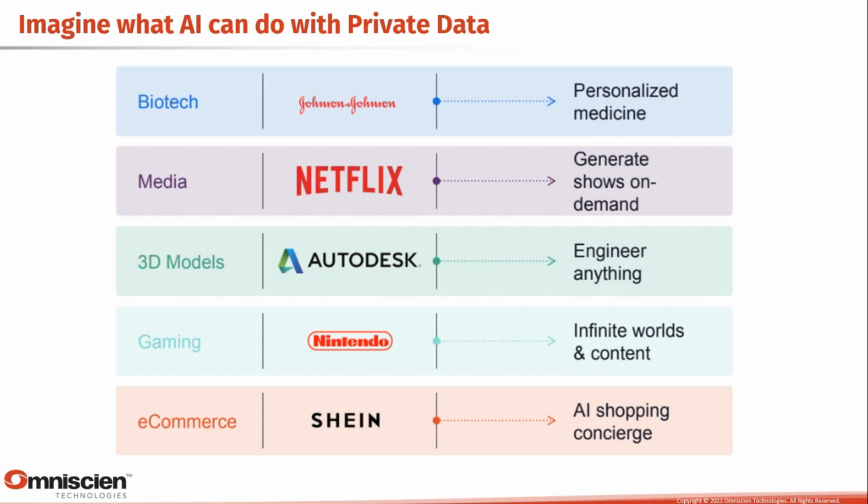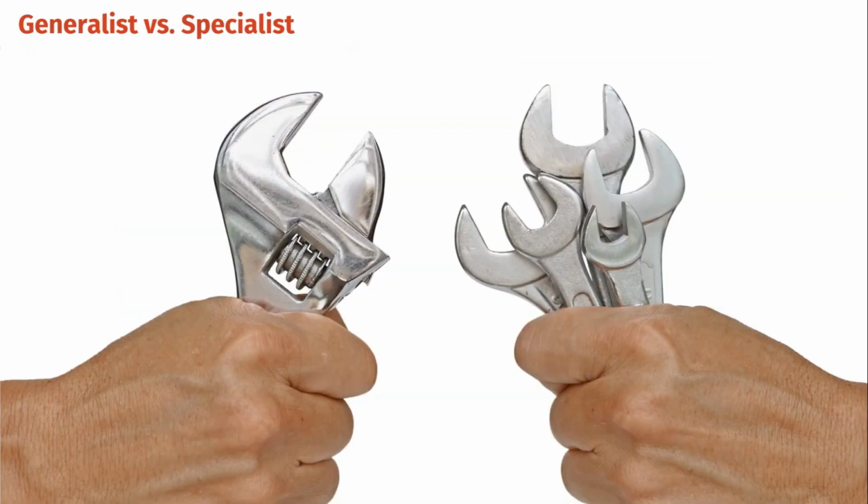We've already seen some amazing things from Adobe with their generative AI in Adobe Illustrator. Infinite worlds and content in Nintendo gaming. E-commerce, right? Your own personal concierge. So this is where the generalist versus specialist comes in.